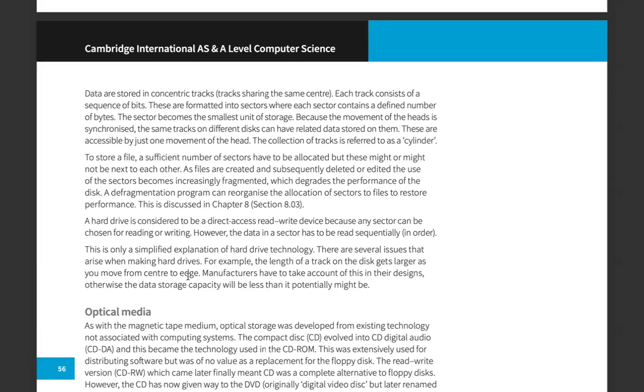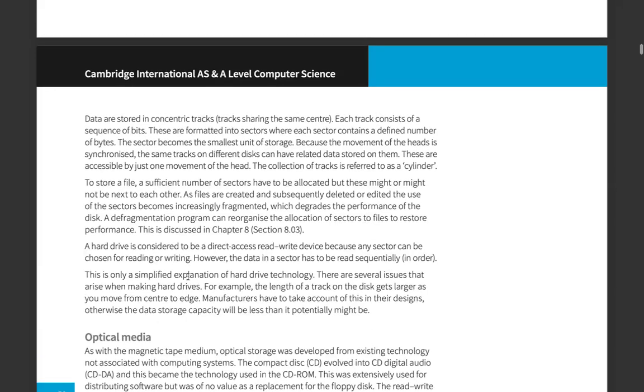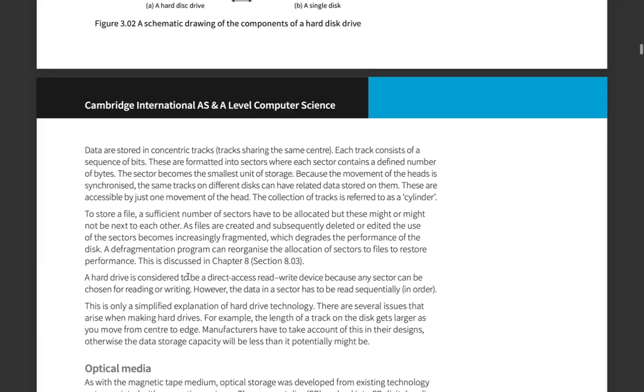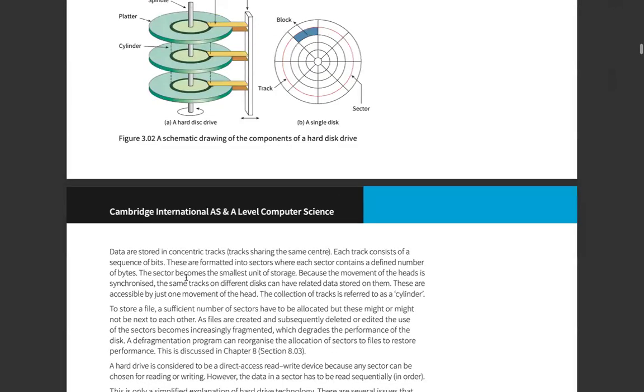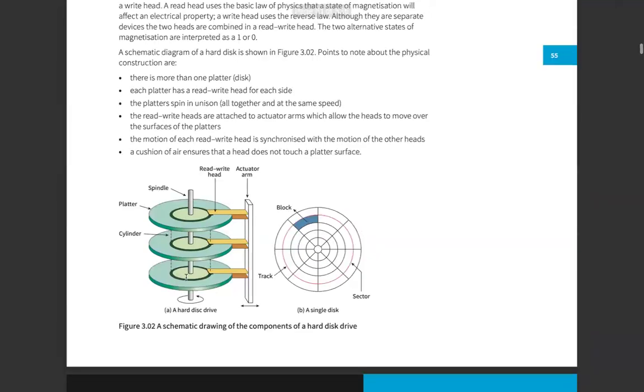Otherwise, the data storage capacity will be less than it potentially might be. The total capacity for storing data can be reduced.